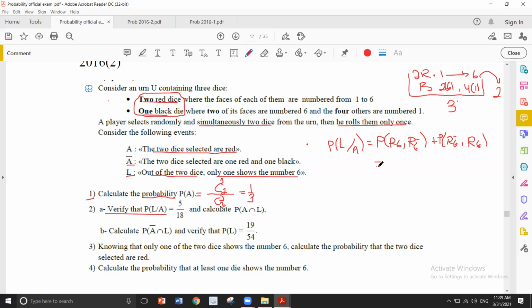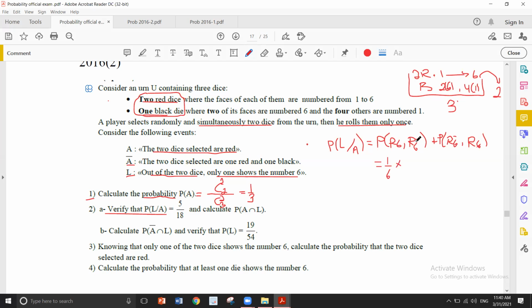What is the probability that the first red die shows 6? What is the chance to get 6 from the first die? How many 6s are in the red die? 1/6, times the second red die does not show 6.